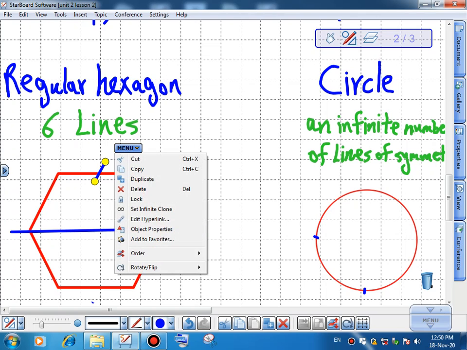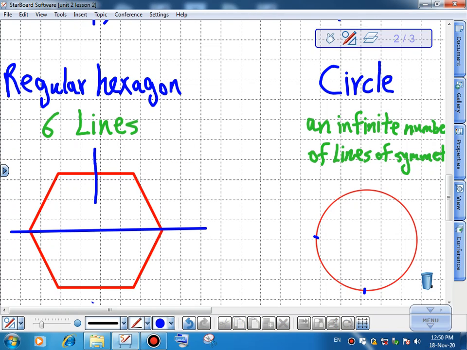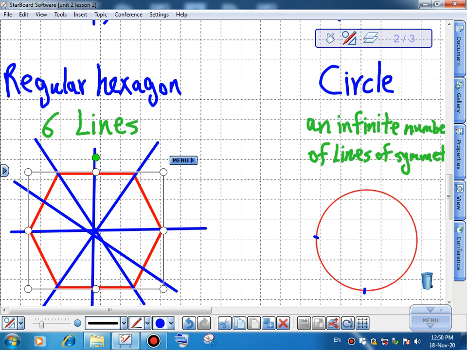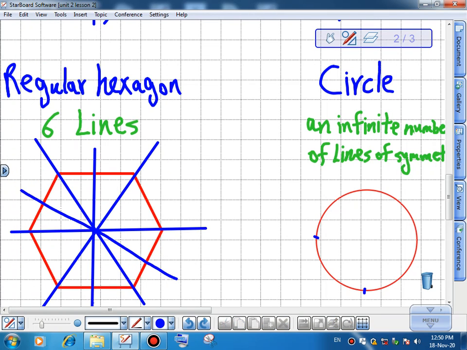Number 2, vertically like this. Number 3, number 4, number 5, number 6.